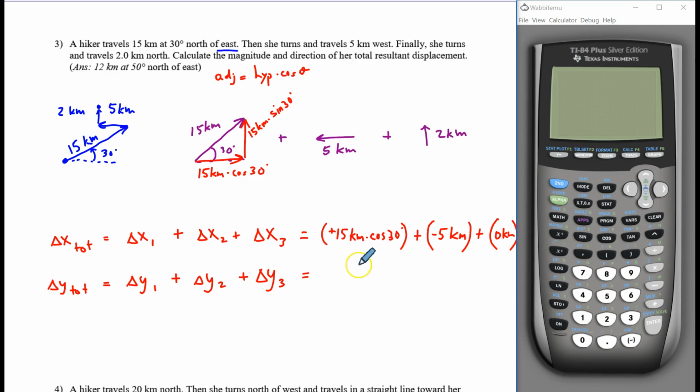Okay, now we go to the y total. She's traveling north. How much? 15 sine 30. There's no y-axis displacement here because it's purely to the east. That's 0. And finally, at the end, that's 2 kilometers north, so it's positive.